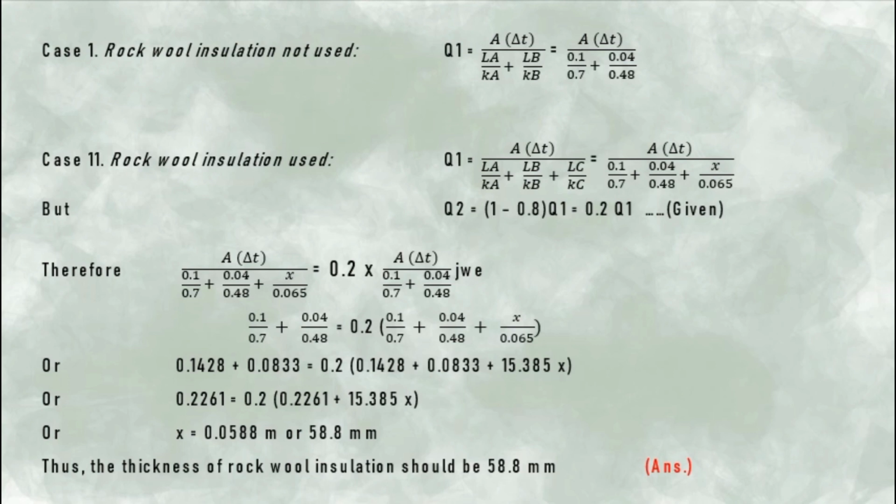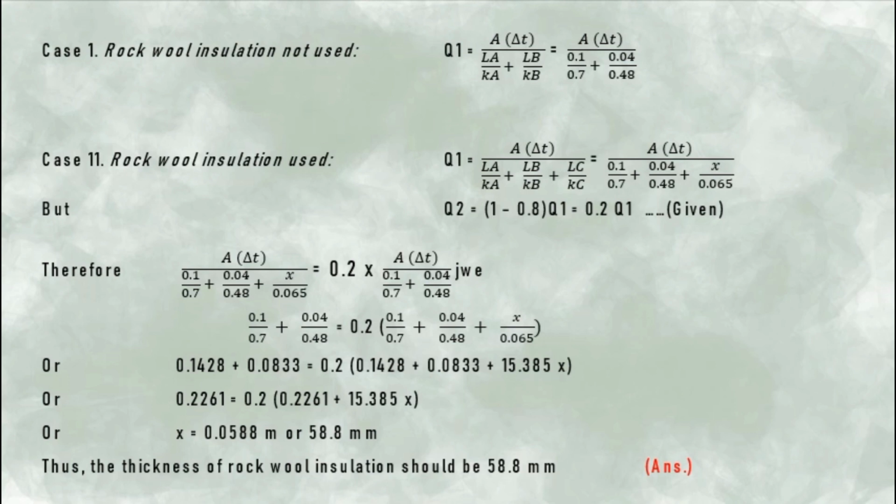We combine the equations of case 1 and case 2, and we have 0.1428 plus 0.0833 equals 0.2 multiplied by 0.1428 plus 0.0833 plus 15.385x.